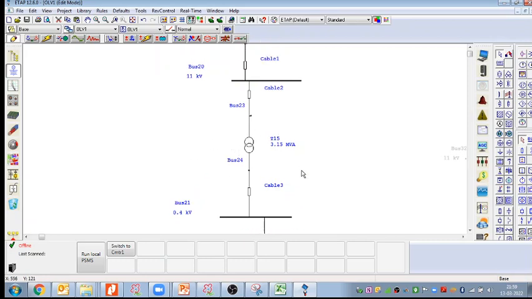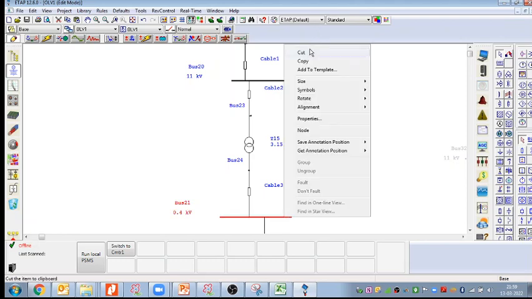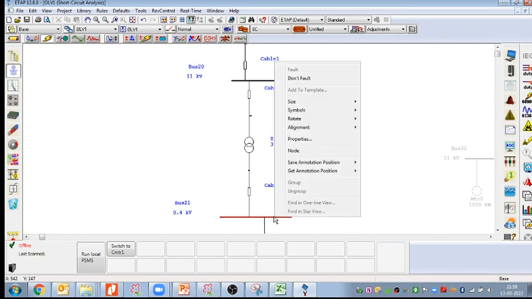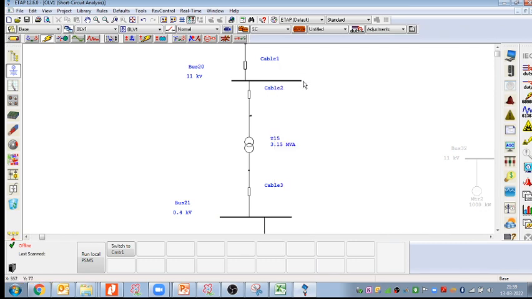This is my trafo. If the fault happens on the secondary side here, let me generate the fault. If I put fault here, how much fault is coming at the HV side of the transformer, that we can say the through fault.